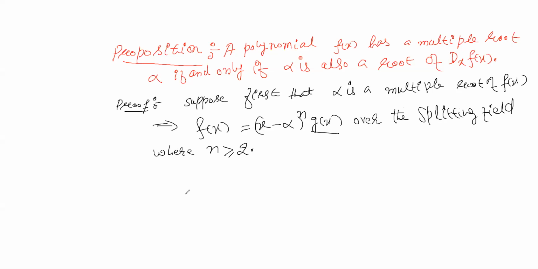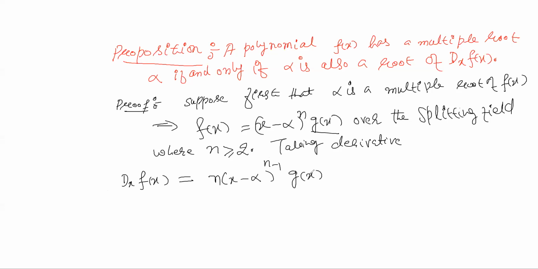Now taking the derivative on both sides, d/dx f(x) is n (x minus alpha) raised to the n minus 1 times g(x) plus (x minus alpha) to the n times d/dx of g(x).